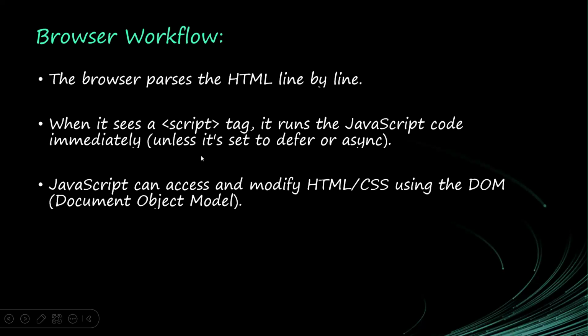So now I'm coming back to what I'm trying to explain. JavaScript can access and modify the HTML and CSS using the DOM, the document object model. The objects that the browser has created using the HTML and the CSS, JavaScript can access and modify. You're going to see how to modify elements.